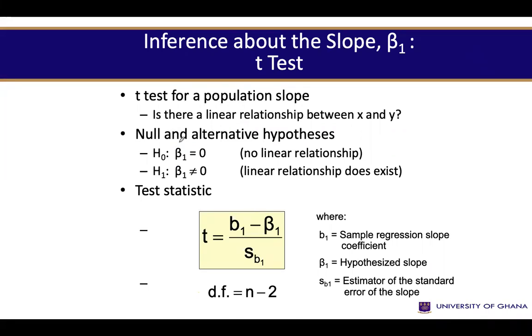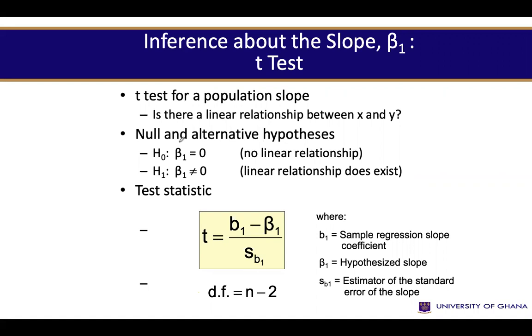But sometimes we need to test whether your model is well fitting, and you will see this when you are doing more multiple regression analysis. You have to find a way to test whether all your independent variables are good predictors of the dependent variable.